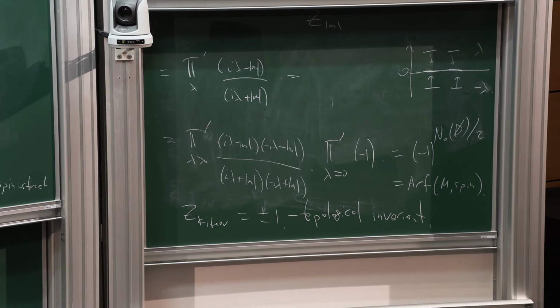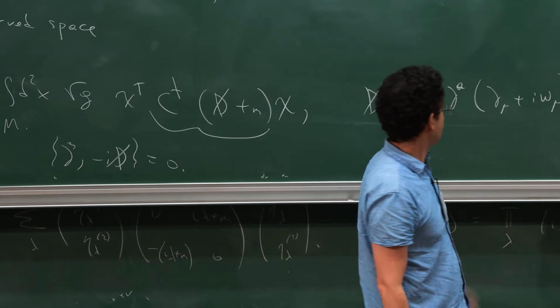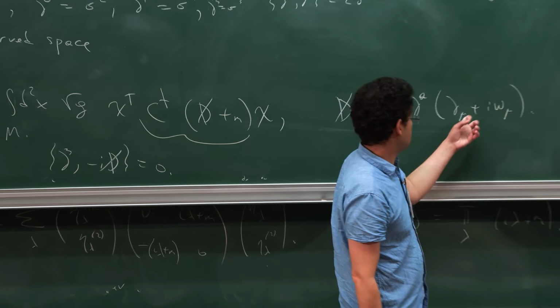Okay, so let's do an example that we actually already saw. Let's take a torus manifold, which is a torus. Okay, so now we are supposed to look at the spectrum of this operator D on the torus, on the space-time torus.